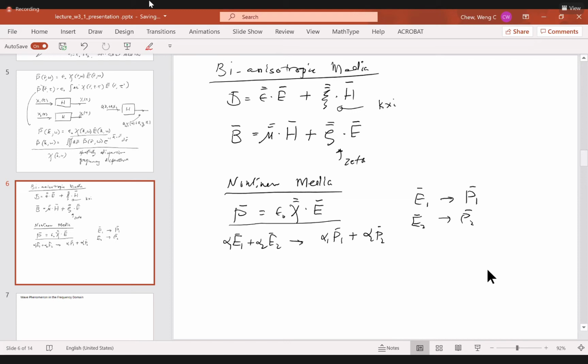However, if I have a case where P is epsilon naught chi, but the chi itself depends on the input E, and if that is the case, the test of linearity would have failed. If you go through this test, you will show that this is not true anymore. This kind of medium is called a nonlinear medium.